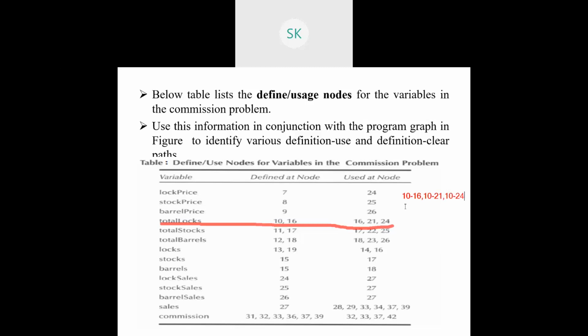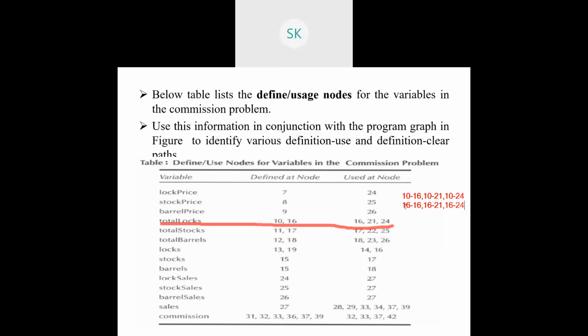This is how the combination works. One more definition is where from 16 it starts: 16 to 16, 16 to 21, 16 to 20. So these are all the definition paths that I have. This is what they are saying with respect to definition. In the paths you have identified, 6 paths.